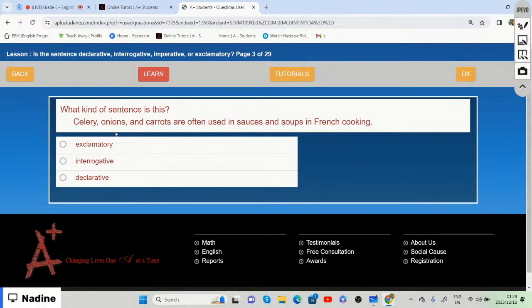And then what kind of sentence is this? Celery, onions, and carrots are often used in sauces and soups in French cooking. Is this an exclamatory sentence, an interrogative sentence, or a declarative sentence?